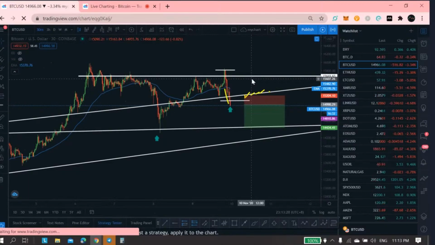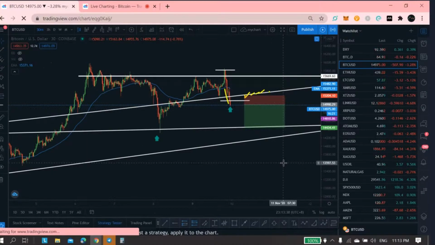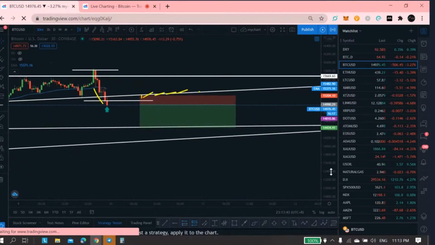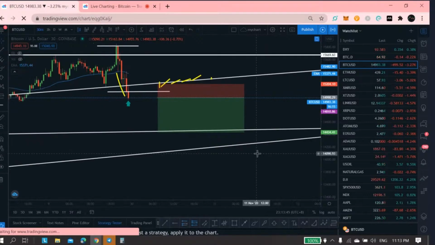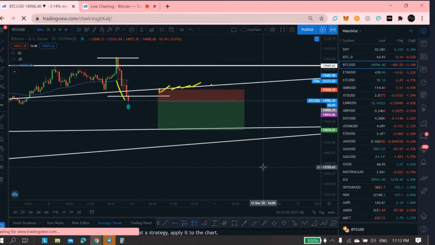But if I got stopped out at 15,200, I could possibly lose around 1.43%. So I think if the bears are dominating at the moment, yeah, I think it will not hold. So I think that's it, guys, and it's time also for me to trade.